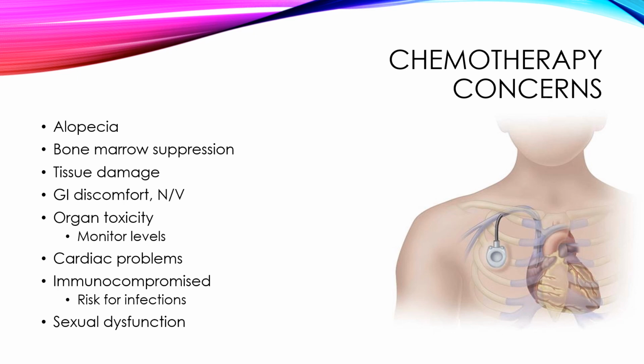Chemotherapy medications also have a lot of concerns of GI discomfort, nausea, and vomiting, and usually are given adjunctively with an antiemetic. Organ toxicity can be common with these medications, so their levels need to be monitored frequently to make sure that they are maintaining therapeutic and not toxic levels.